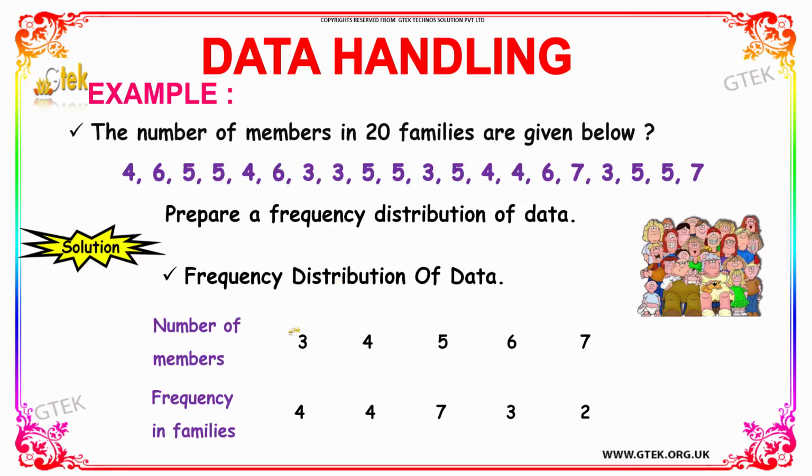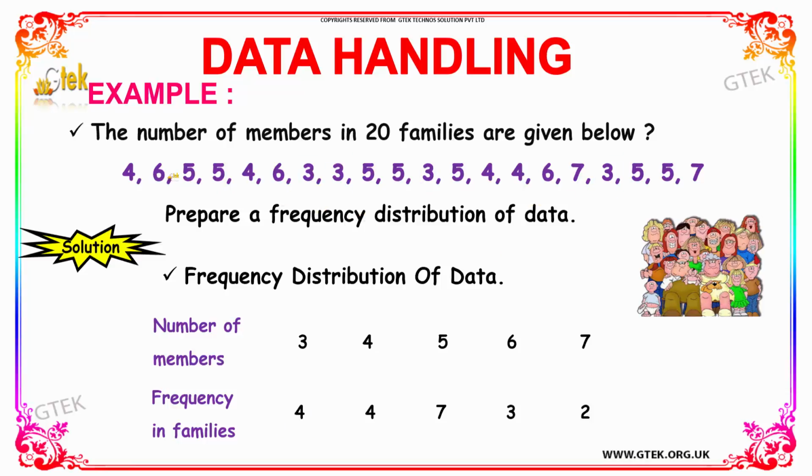So the number of members in a family. There are 3 members and their frequency is 4, which means the number of families having 3 members is 4.